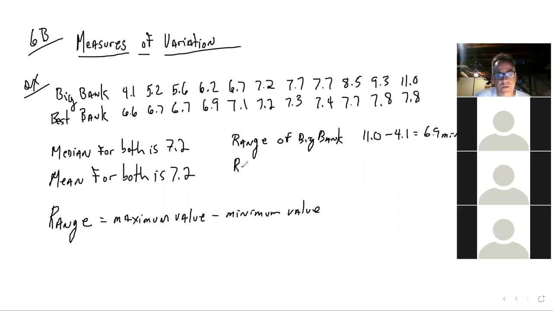And the range of Best Bank would then be 7.8 minutes minus 6.6, and it's significantly less. It's just 1.2 minutes.